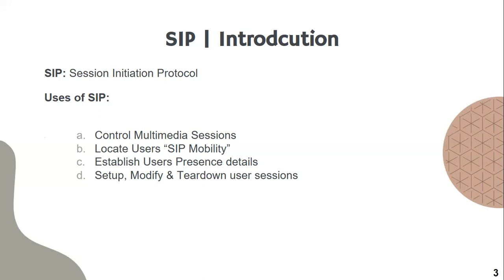Now I initiated the call by SIP, and after the call is complete and the two subscribers talked to each other, and now they want to close, we then do teardown of this session, as we must close this session.